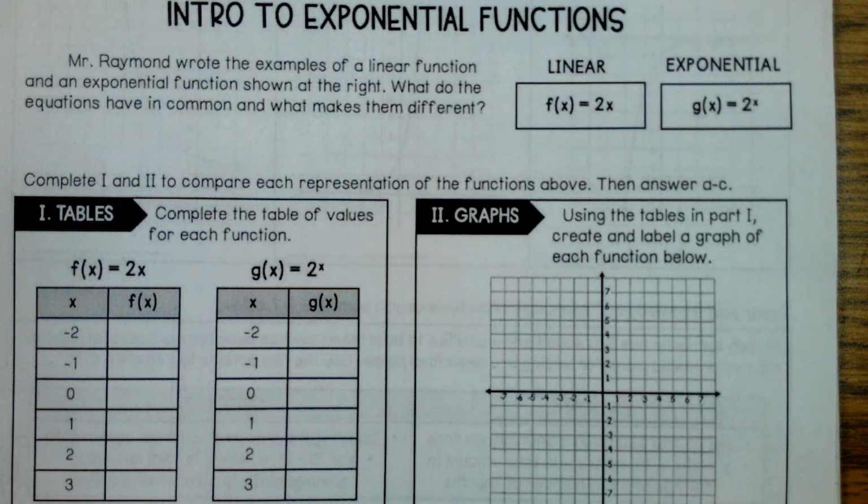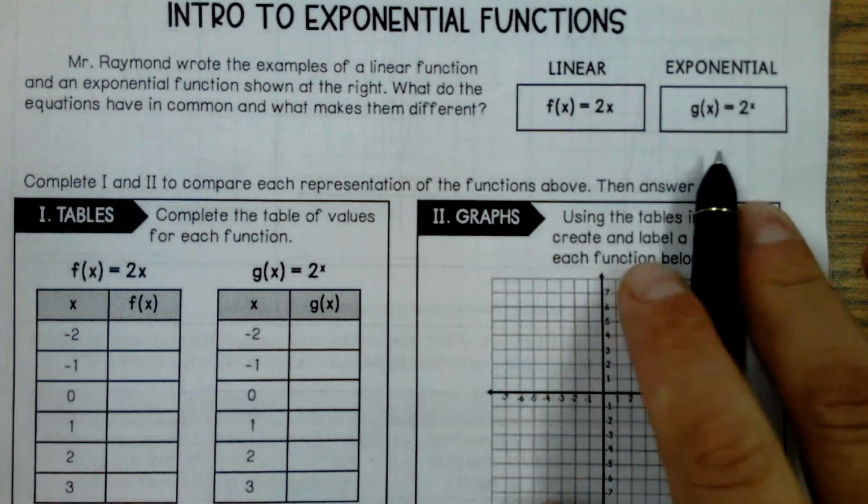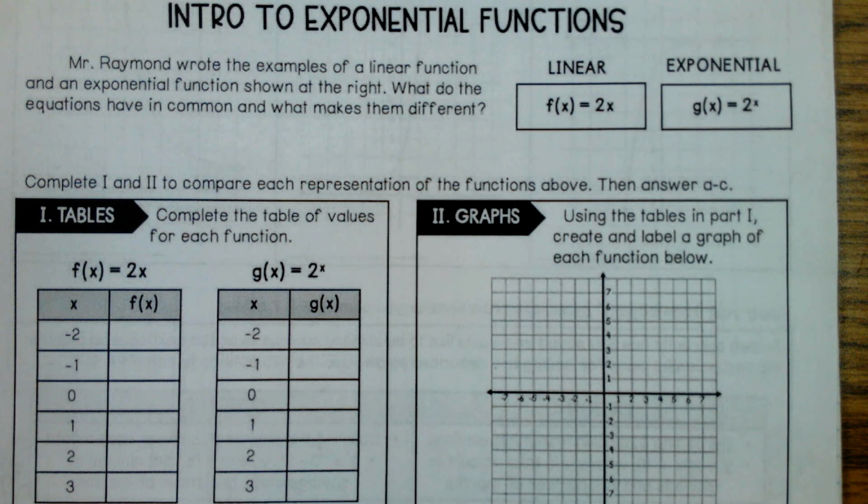So in our introduction to exponential functions, it says Mr. Raymond wrote the examples of a linear and an exponential function. So here they are. What do the equations have in common, and what do they have as a difference?